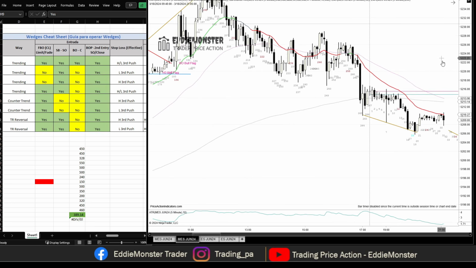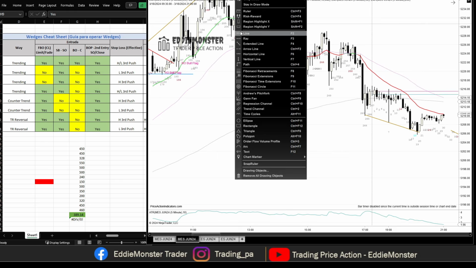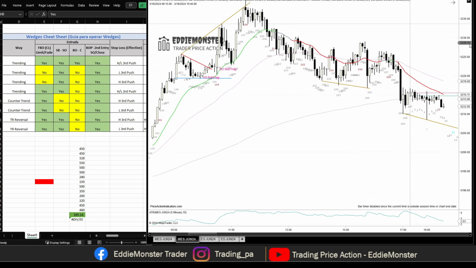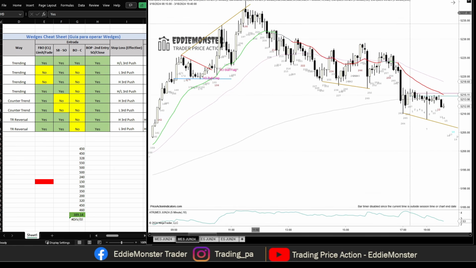Look at this. Another wedge here. It's not perfect again, so you have here 1, 2 legs up. Another wedge bottom here, 1, 2 legs up.